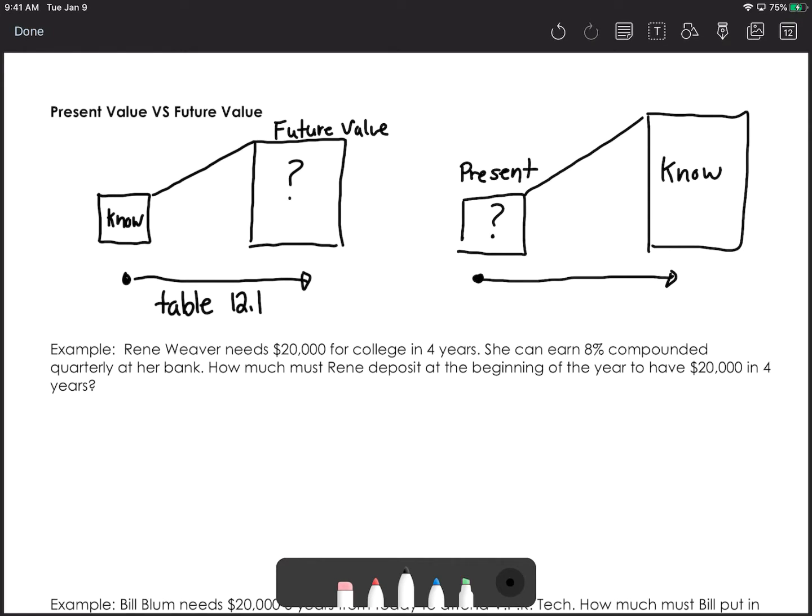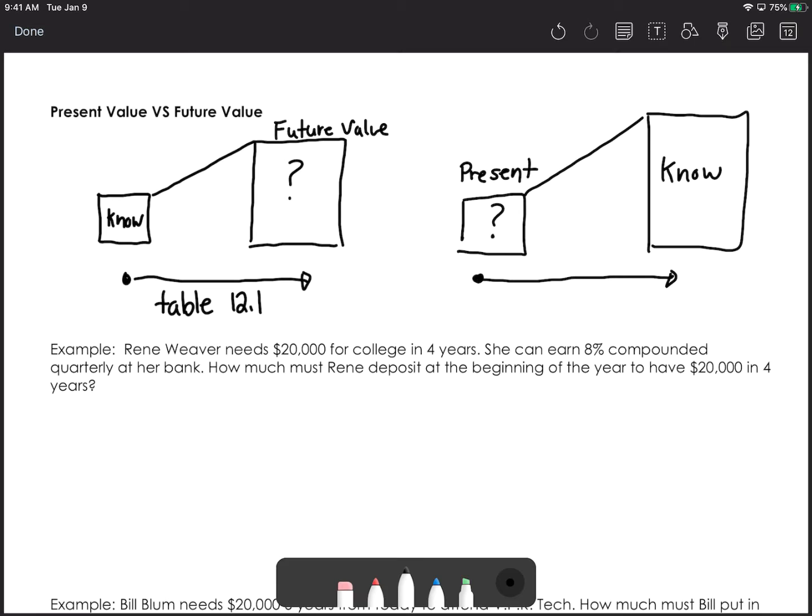So examples of this might be if I am trying to save money for my kid's college fund, and I know when my child turns 18, I want to have $60,000 saved up, and I need to figure out what I need to put into the account now. That smaller lump sum of money that I need to deposit presently, right now, so I have that $60,000 in the future.